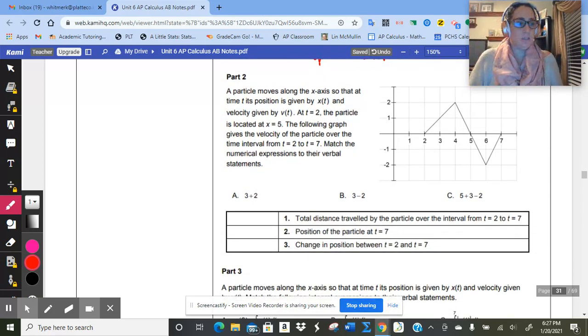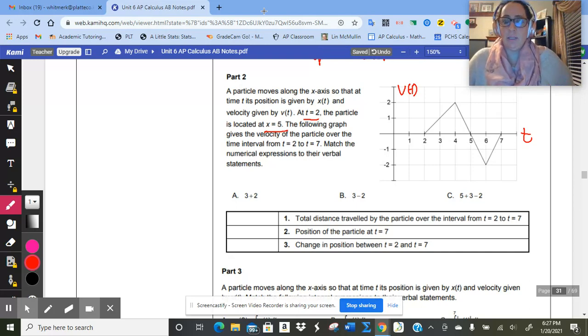Okay, let's try this next one. So here's a graph. And it says that this is the velocity graph. And then it gives me an original position. So at t equals 2, I know that I started at 5.